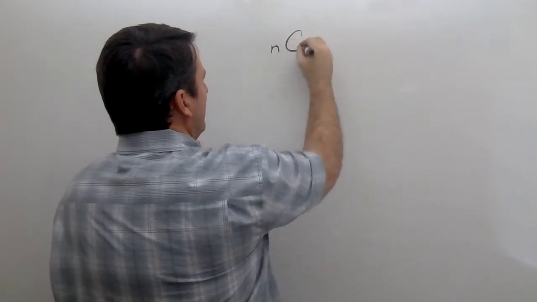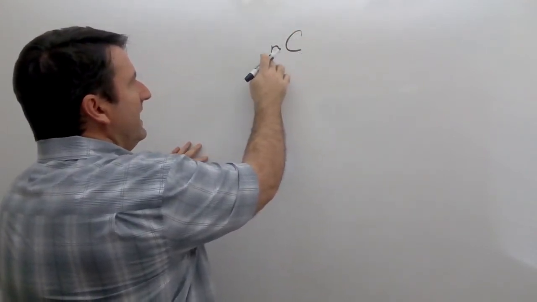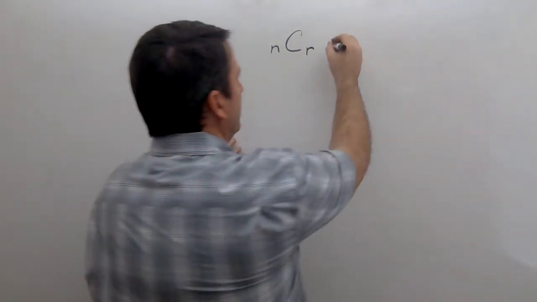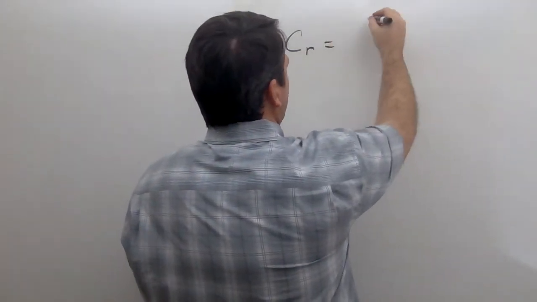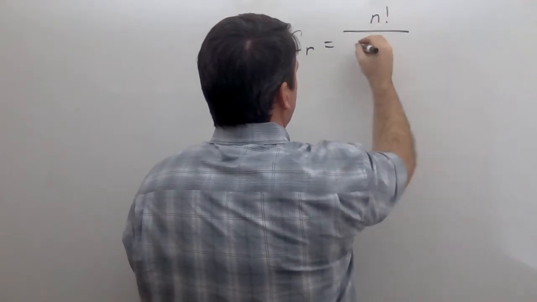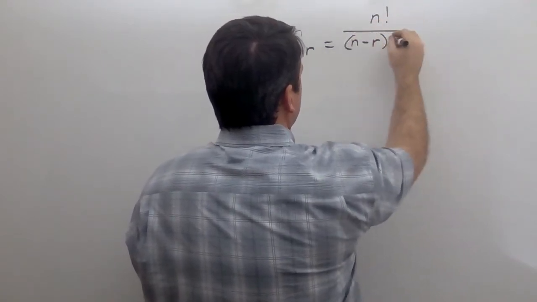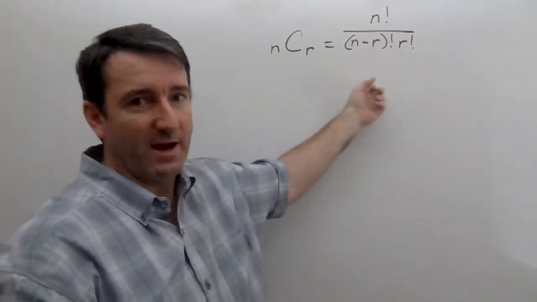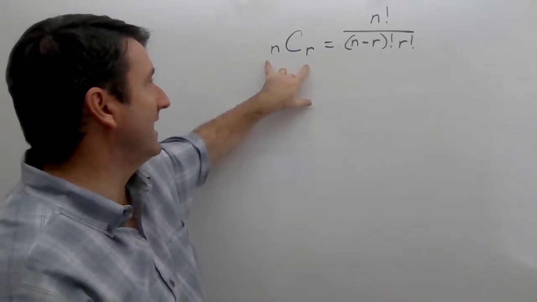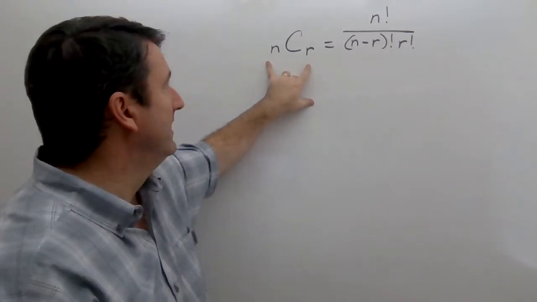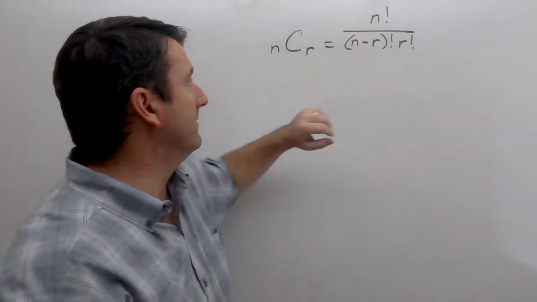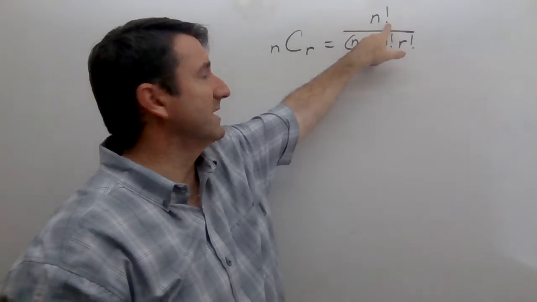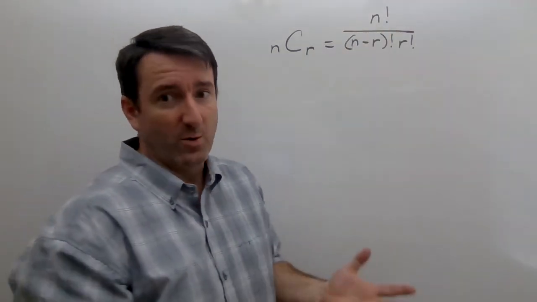If we're trying to find the number of combinations of n terms taken r different ways, that's given by n factorial over n minus r factorial times r factorial. And there's actually a button on your calculator that will allow you to put this in directly, or you can use this formula here. The exclamation point is factorial.